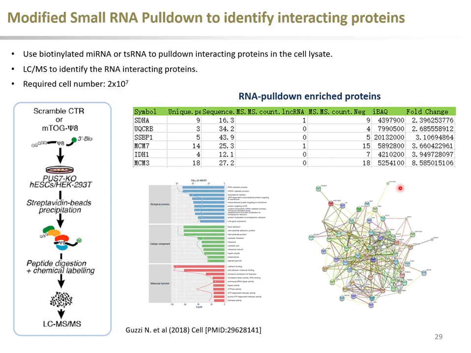The proteins that are in complex with modified small RNA provide a wealth of functional information based on the known protein functions. To do this, biotinylated modified small RNA, for example, pseudouridine-modified tsRNA or scrambled control, are transfected into the cells.